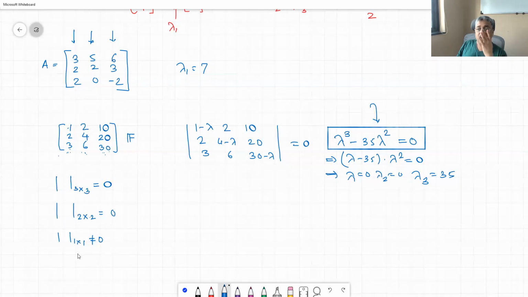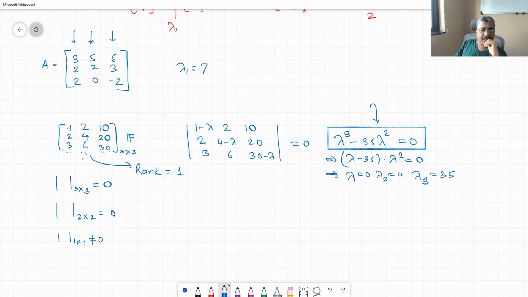Okay. So let me introduce one more terminology. This matrix rank is 1. Matrix dimension is 3 by 3 and its rank is 1.